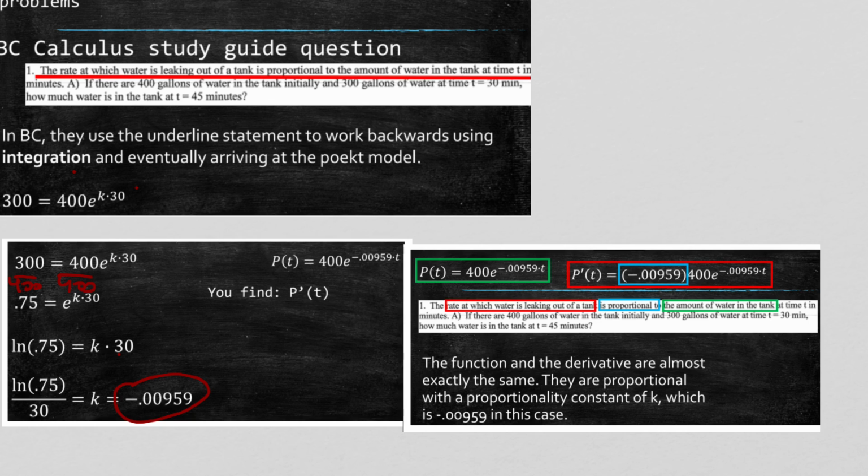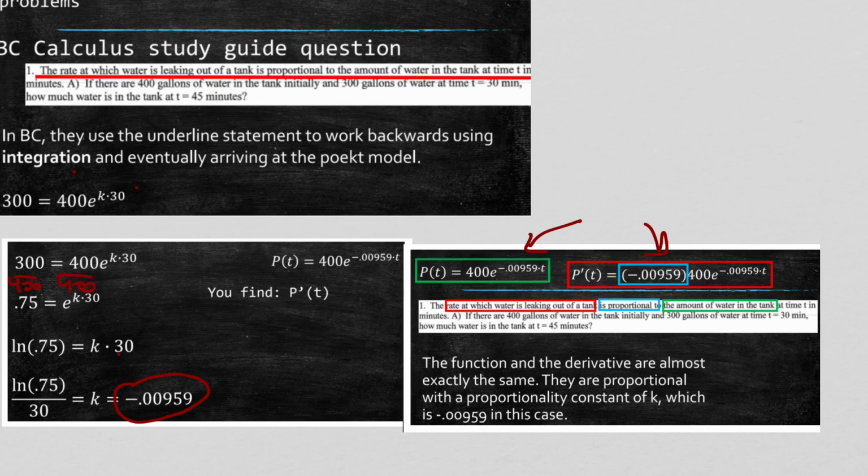negative 0.00959 times time. So what we basically just did here, I want you to think about it, is we took this and we did the derivative of this power, which was just this in front, times 400 e raised to that power. So the function and the derivative are almost exactly the same.